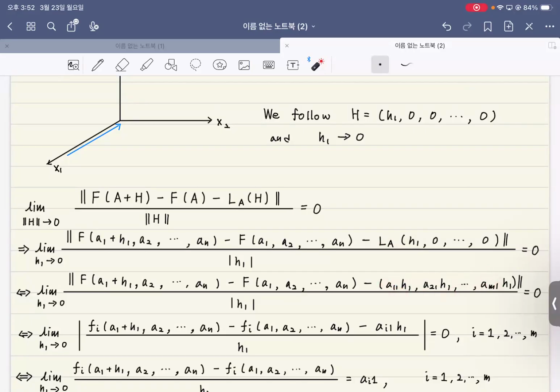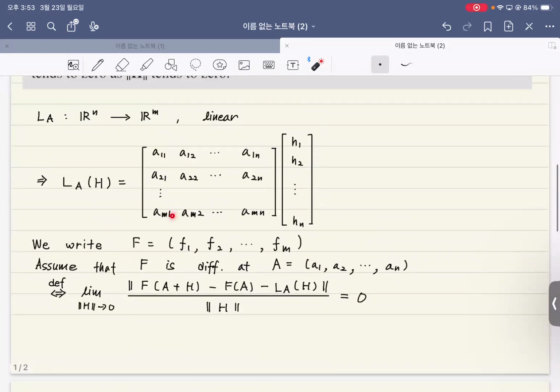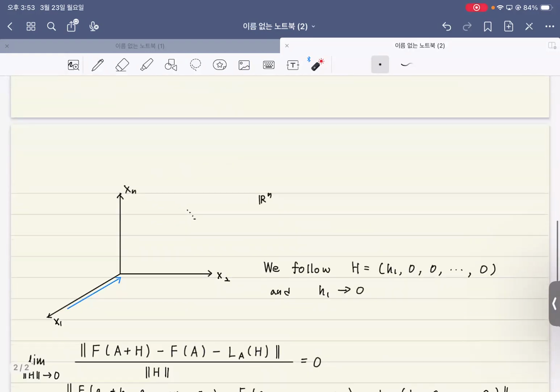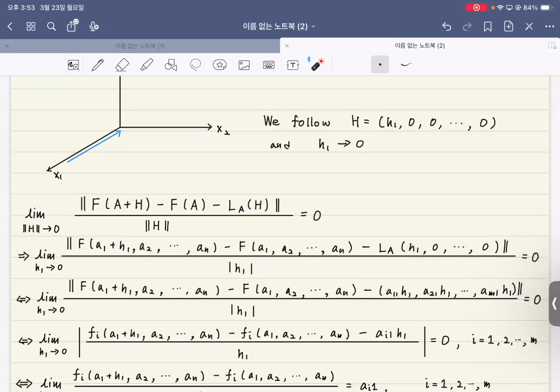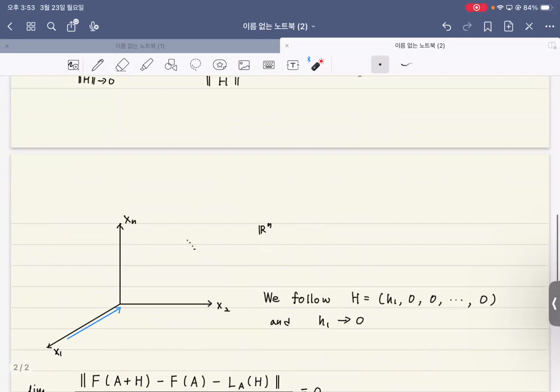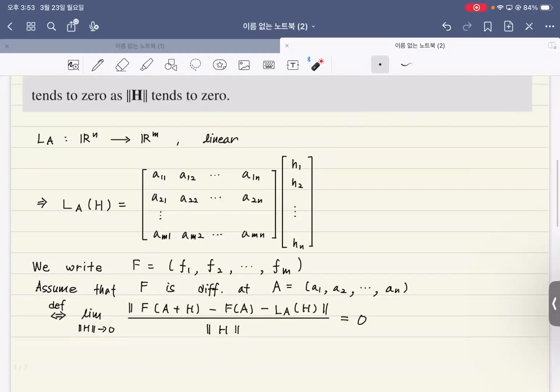This is LA, and I told you this linear function can be represented by this matrix. And I am plugging in h1 and 0, 0, 0, so other than the first component, all the other components equal 0.